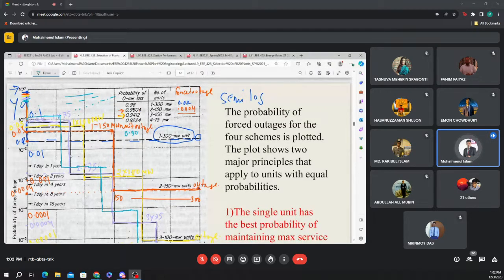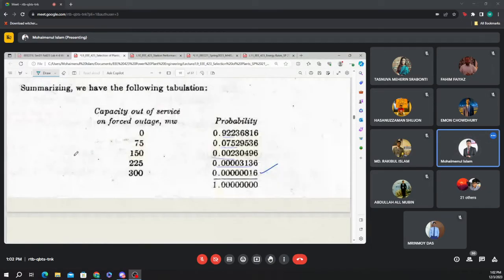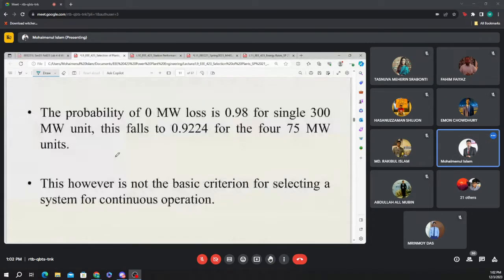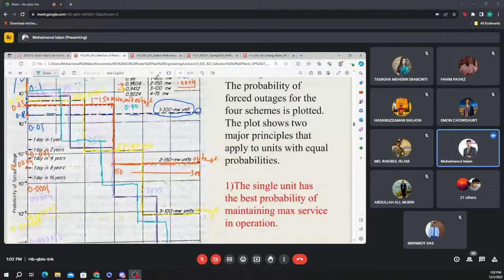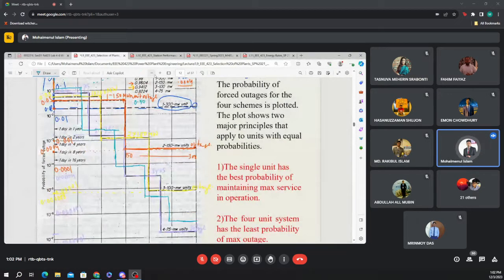But if you use freehand drawing, then you have to put all the values in the staircases. Okay, that is the complete math which I started in the last class, and this is the graph. If you have any question regarding this graph, you can ask me.